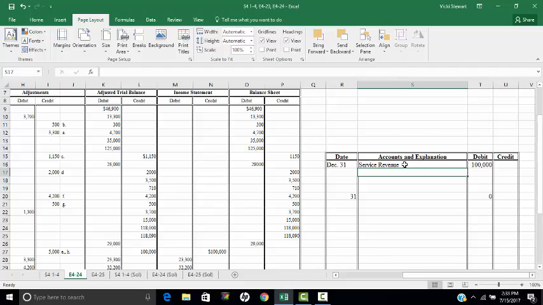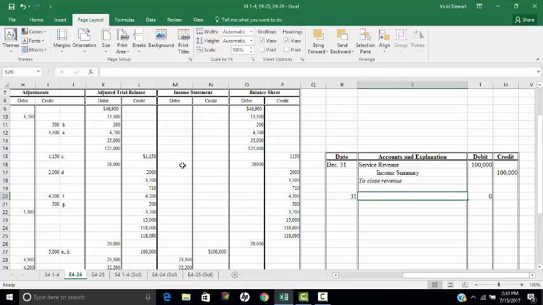Now the temporary account that we use to close our accounts is called income summary. So income summary would be credited for the same amount. And then our explanation would be to close revenues, or to close revenue, since we only had one. The next thing we do in our closing entries is close all of our expenses.